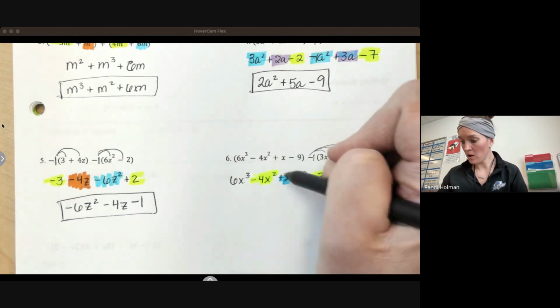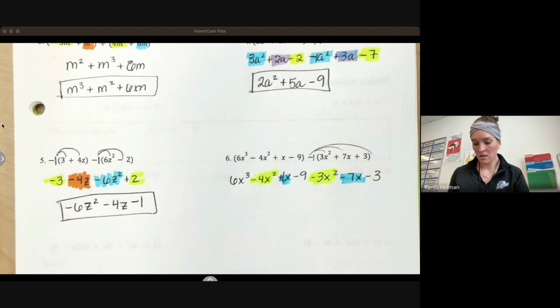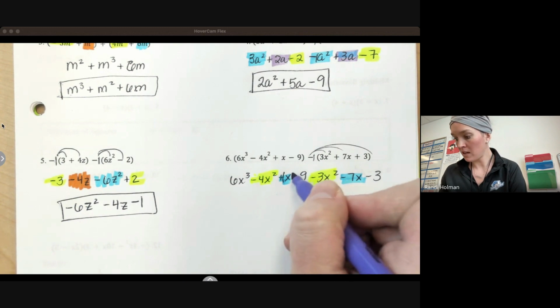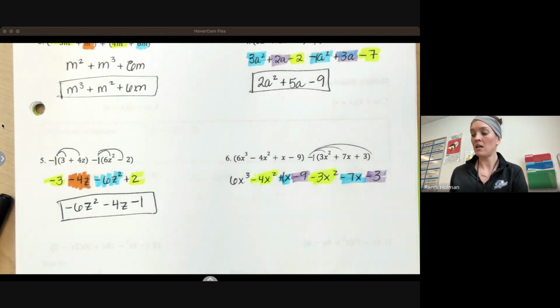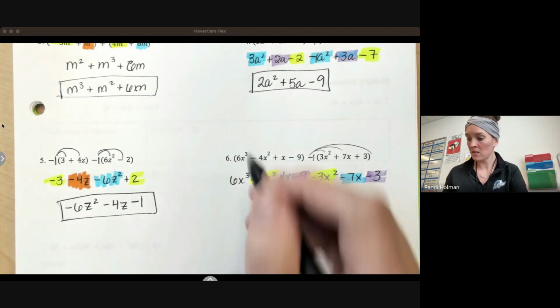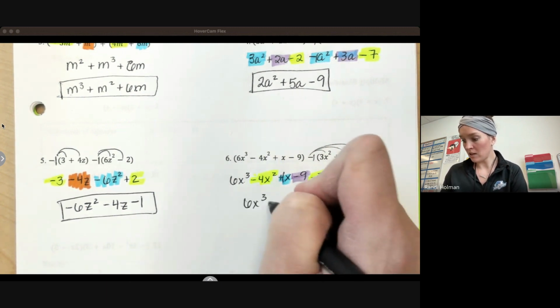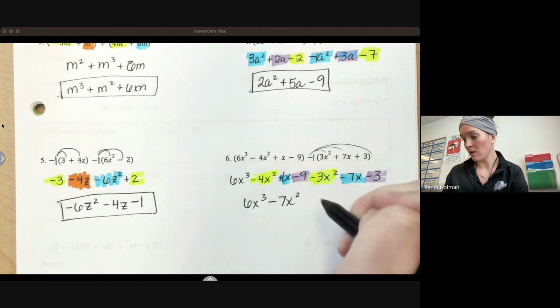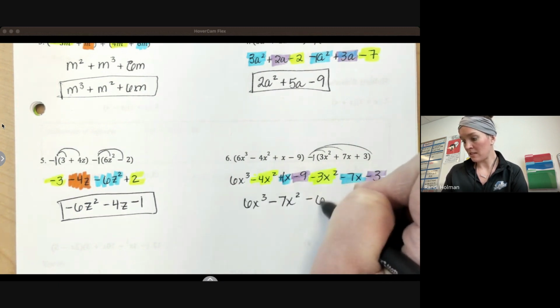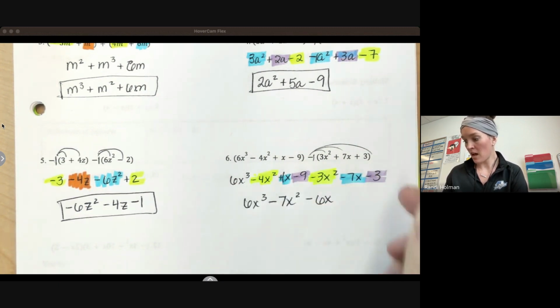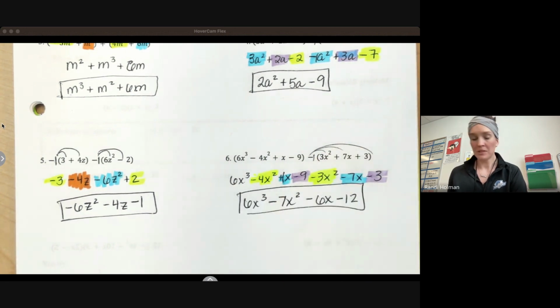If it helps you put a little 1 there, it's 1x. We have some constants there that are the same too, -9, -3. So then we're combining our like terms. We get 6x cubed, -4x squared minus 3x squared is -7x squared. 1 minus 7 is -6x. -9 minus 3 is -12. So we end up with that cubic polynomial there once we have distributed that negative and combined our like terms.